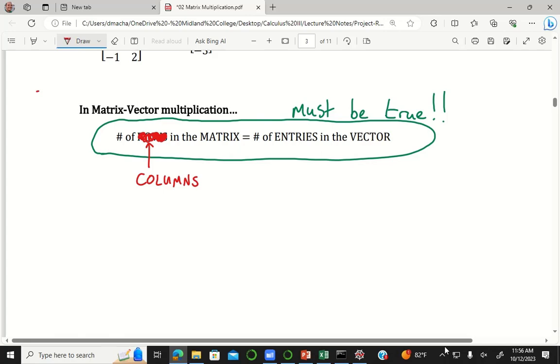If you have a mismatch, then you won't be able to do the dot product, right? Every entry in the product vector is a dot product between the row of the matrix and the column and the vector. And the only way to take a dot product is if you've got the same number of entries. So this always has to be true. If it's not true, then you can't do matrix vector multiplication.